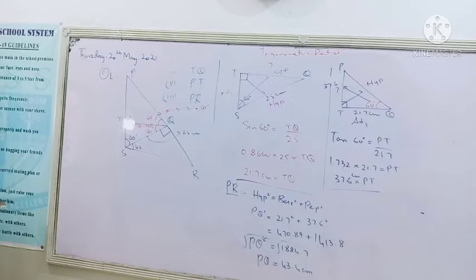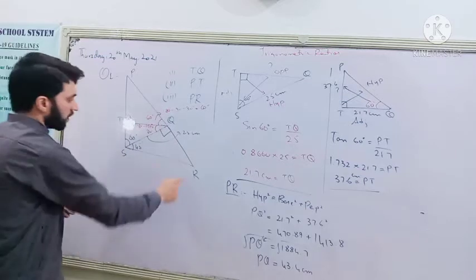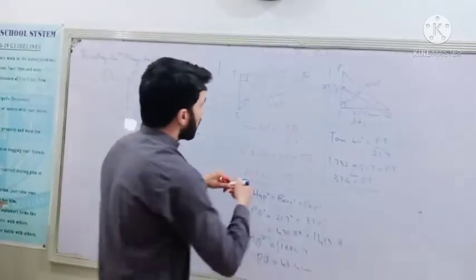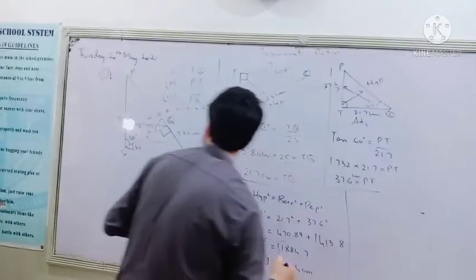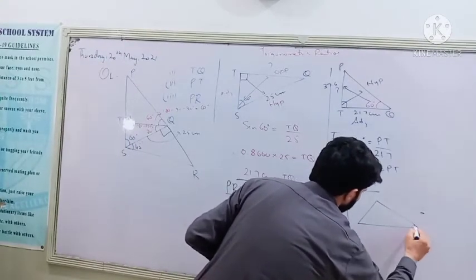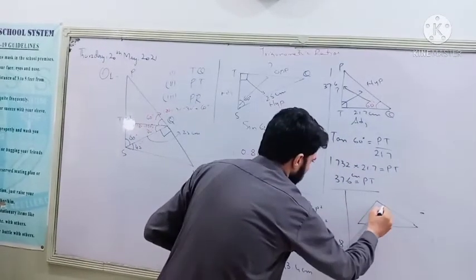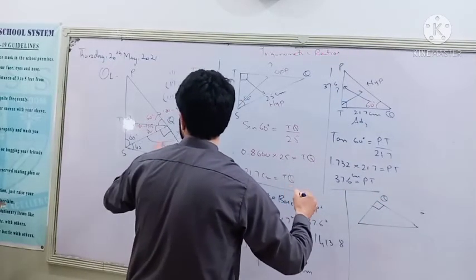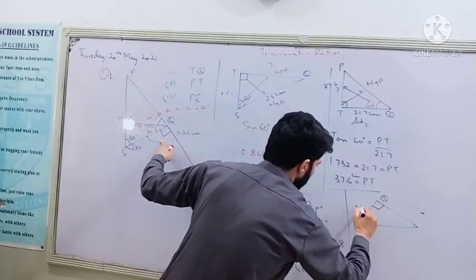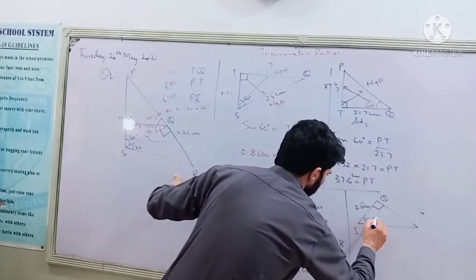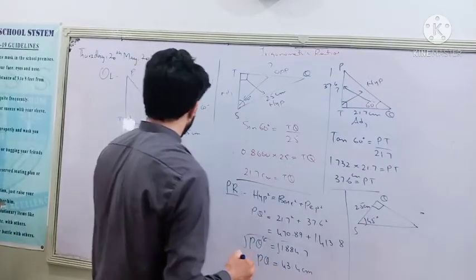Now we have to find QR. SQ is 25 centimeter, there is 45 and 45.